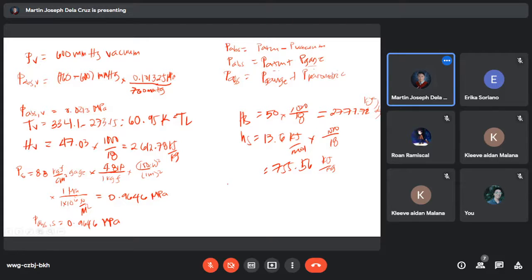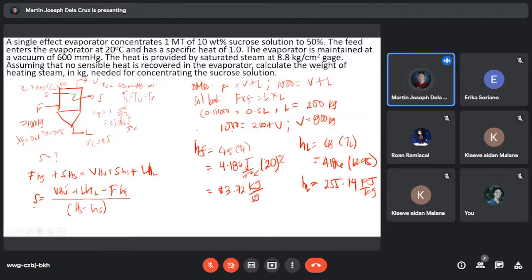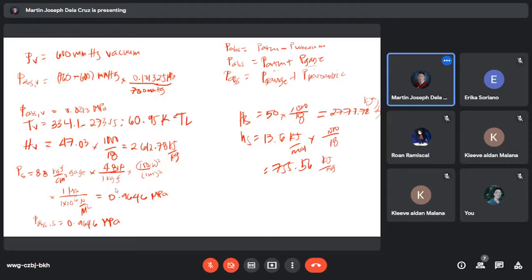We now have all the values, so we have S equals (VHV minus FHF) over (HS minus h).